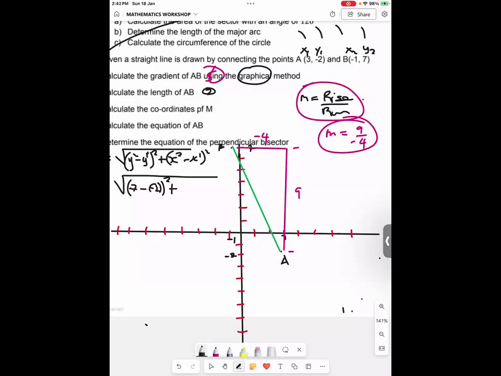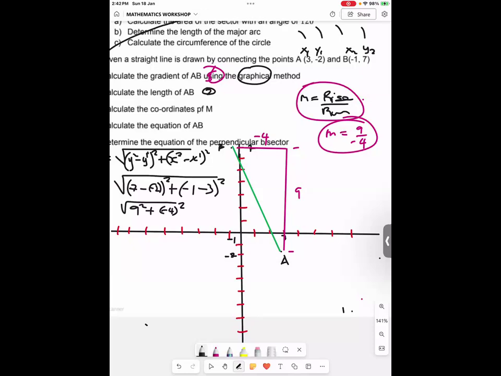Those are where I'm getting the numbers from. x2 is negative 1, minus x1 is 3, squared. Now 7 take away negative 2 is 9. So that's going to be 9 squared plus minus 1 minus 3 is minus 4. So that's minus 4 in bracket squared.